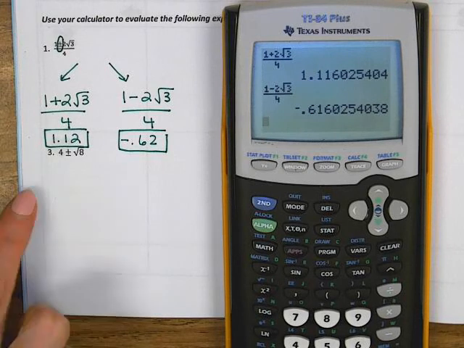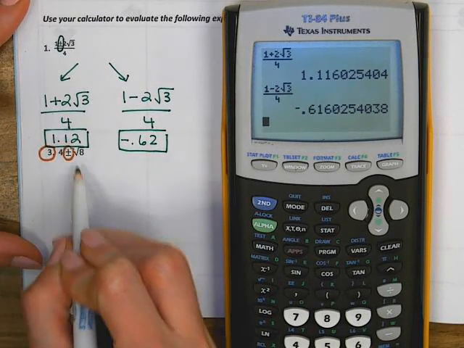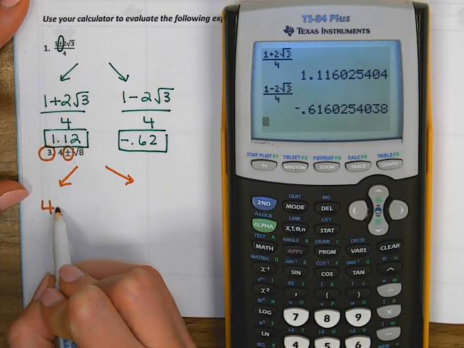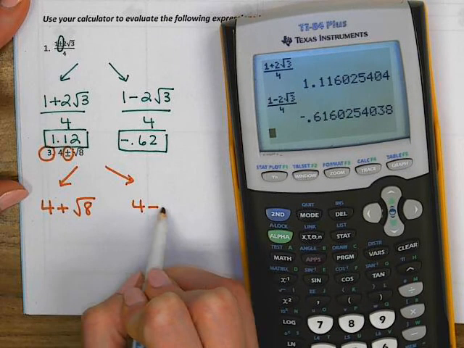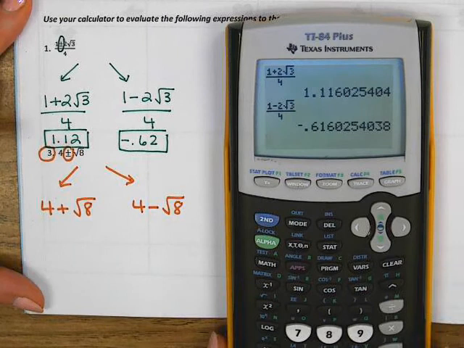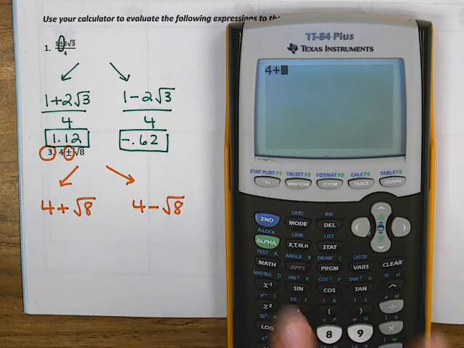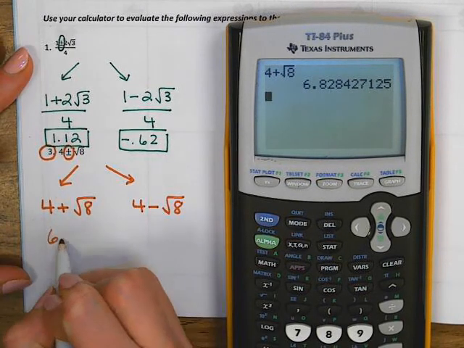Okay, so same thing for number 3. There's no plus or minus sign in the calculator, so that means you have to do it twice. So once is going to be 4 plus root 8, and then again with the 4 minus root 8. You're going to get 2 answers. So 4 plus square root of 8 is 6.83.